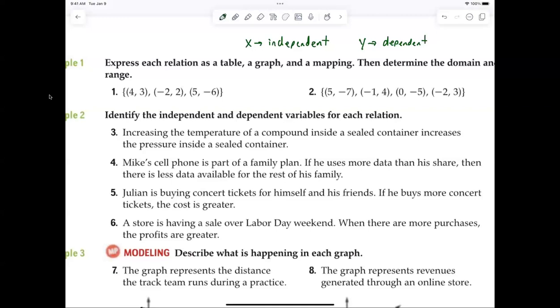As soon as you give x a value, that tells you what the y value will be. Is everybody with me? This is a minor thing in math, but I need everybody to make sure you're hearing me, that x is the independent. Y depends upon x.